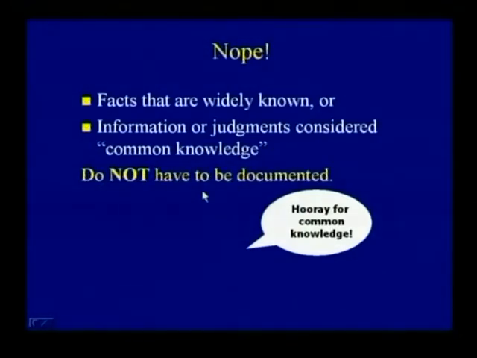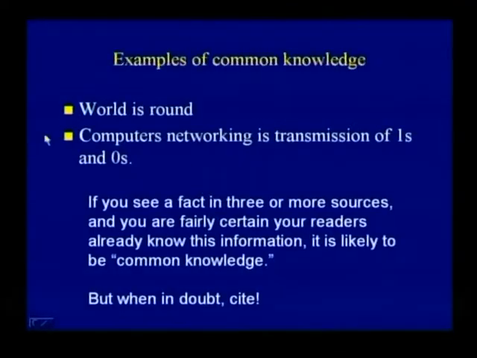We do not need to document them. We do not need to cite them. For example, if you say the world is round, it's common knowledge. You don't need to cite this. Similarly, if someone says computer networking is the transmission of ones and zeros, it's common knowledge. Everyone knows about that. We don't need to cite this.